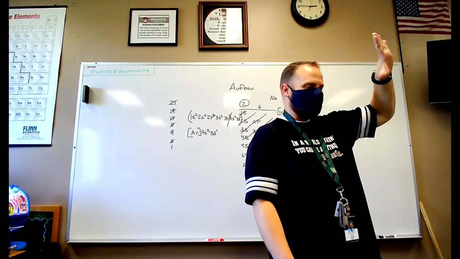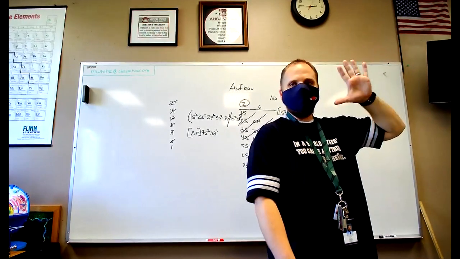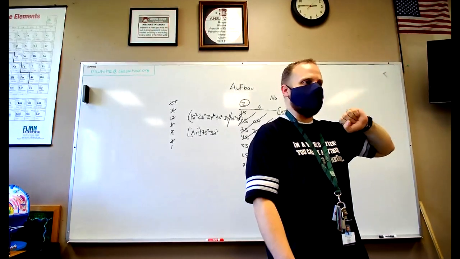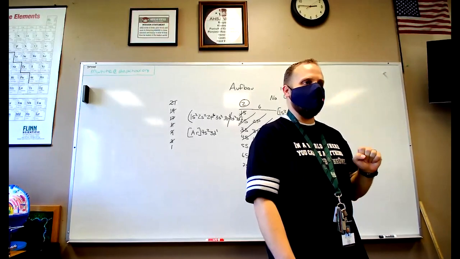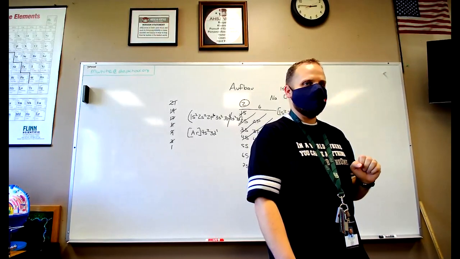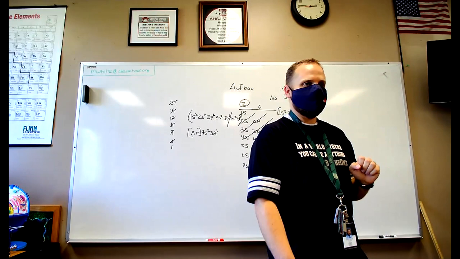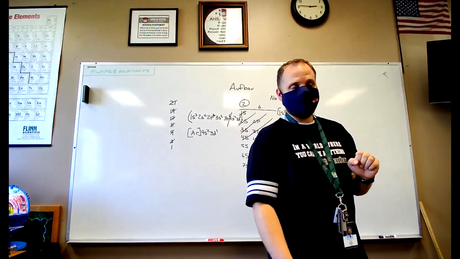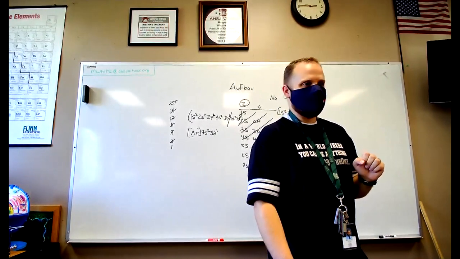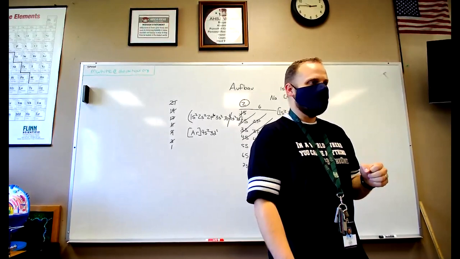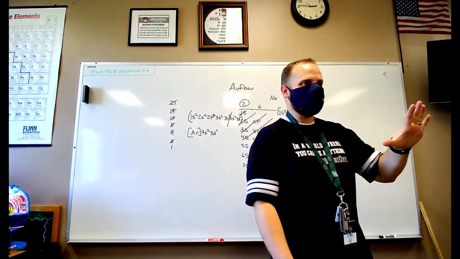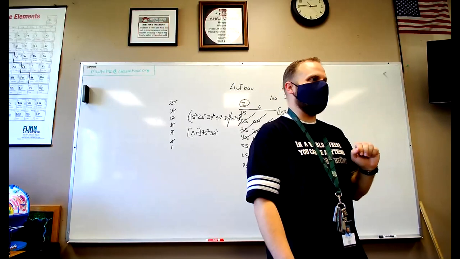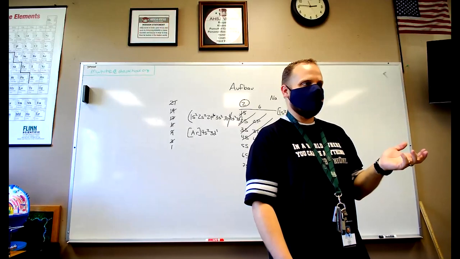So we have 5 boxes. If we can fit 2 electrons in each of the boxes, how many electrons can we fit in the d orbitals? 5 boxes times 2 electrons in each box. 10.